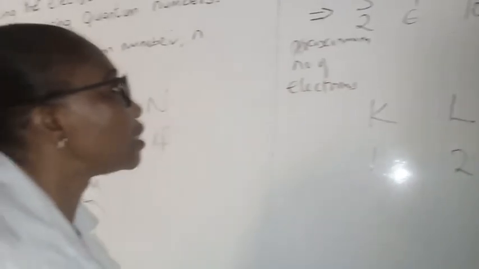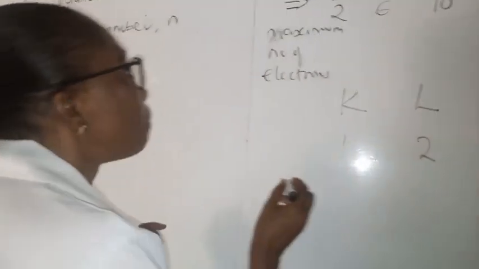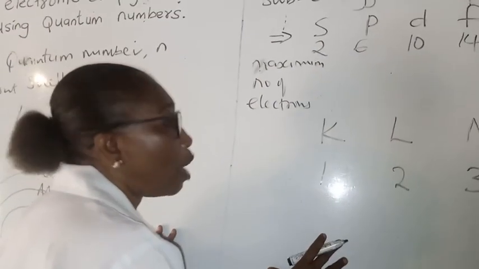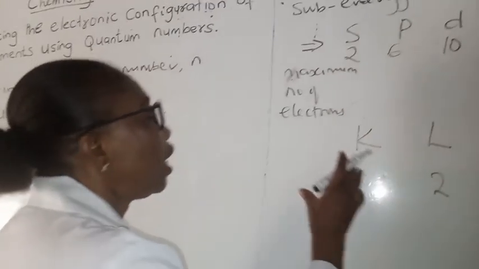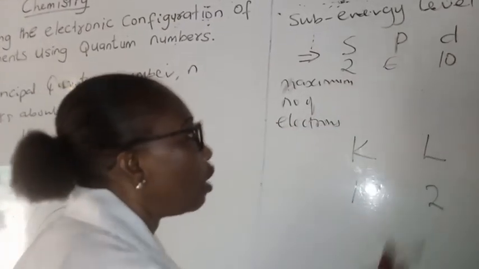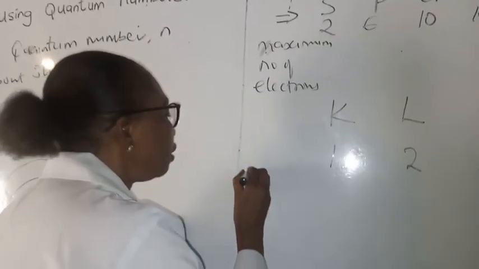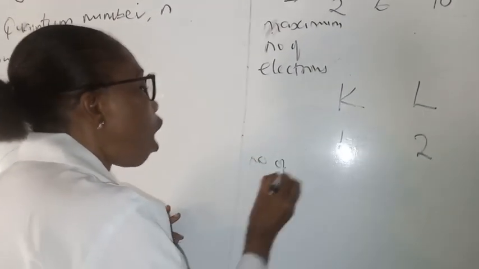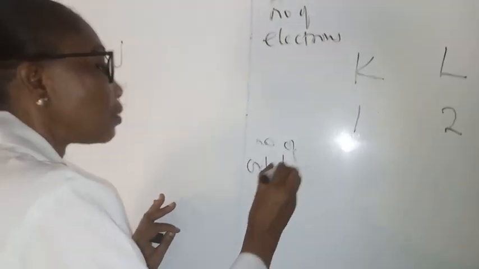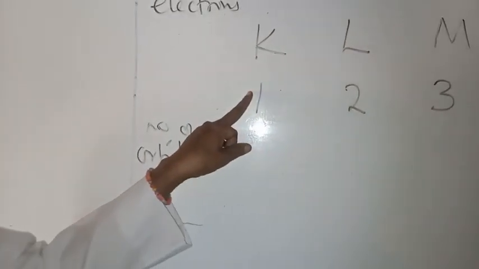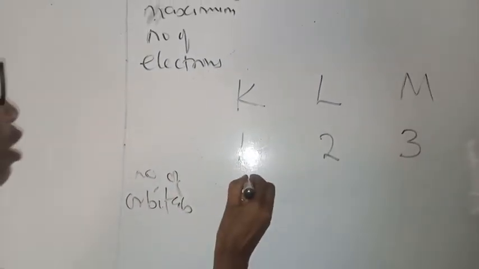But the subsidiary says that the number of orbitals in each shell is as follows. K shell has only 1 orbital, the s orbital.